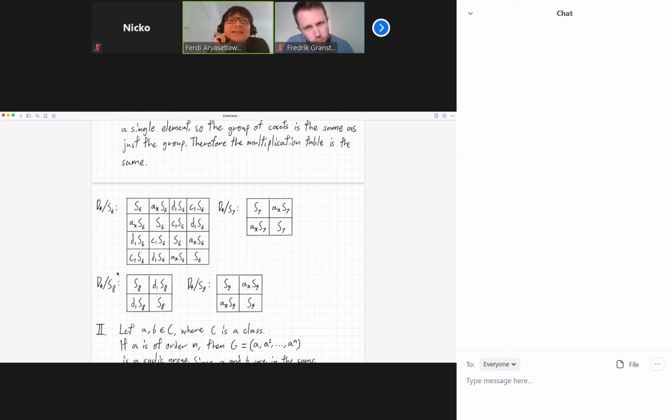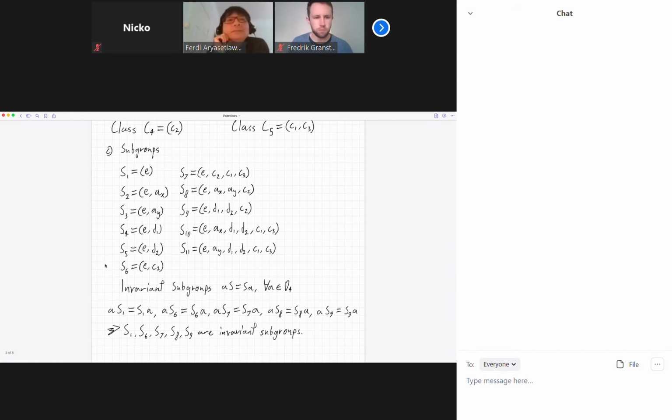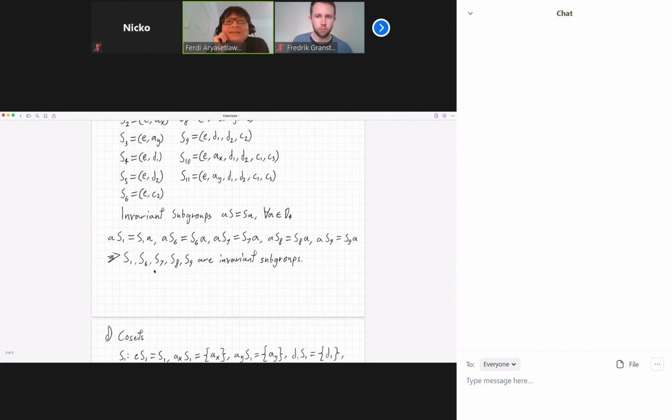It's abelian, yeah. And why is it abelian? I'm guessing since we've divided out the, if we look at S6, I guess since C2 commutes with all of them. Right, that makes it abelian.